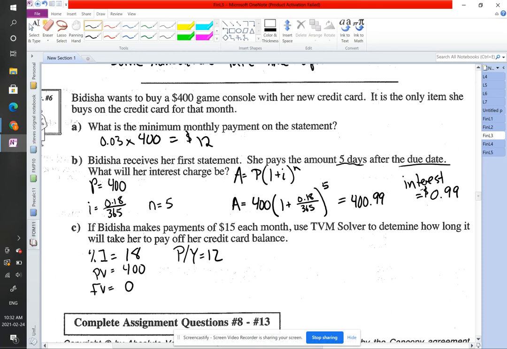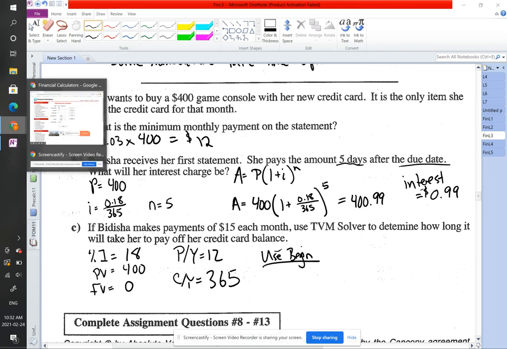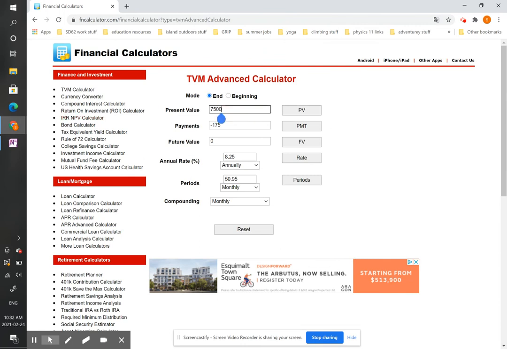And we are going to use a C/Y of, well, compounding the interest daily, so 365. And then it says here, because she's making $15 payments each month, at the beginning, we are going to use begin. I'm not 100% sure why the book says use begin. If you ended up using end, I'm not going to mark you wrong for that because it is a little bit odd. It's a little bit gray and a little bit foggy.